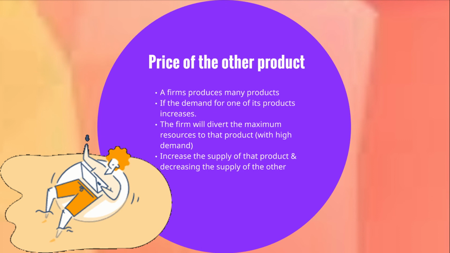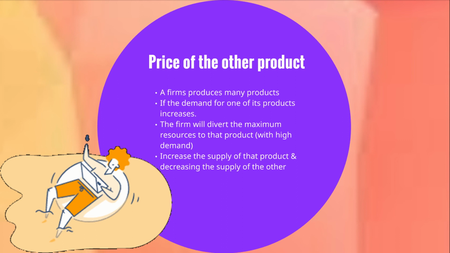Will you use them for making more blankets or more air conditioners? If you make more air conditioners, you might fall into a loss. But if you make more blankets, you will earn profits, and everyone wants to earn profits.